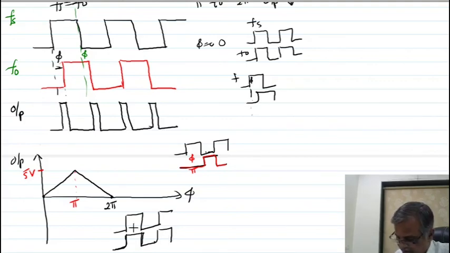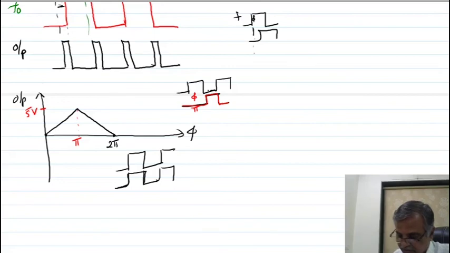So it's very clear, as the phase increases from 0, your voltage increases. At pi, the voltage is maximum. From pi to 2 pi, the voltage decreases and becomes 0. So there is a linear relation between the output voltage and phase from 0 to pi and from pi to 2 pi.